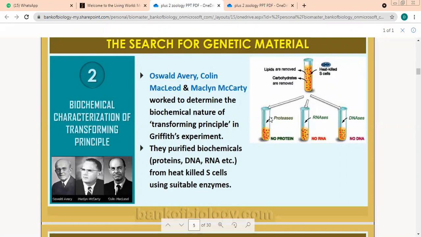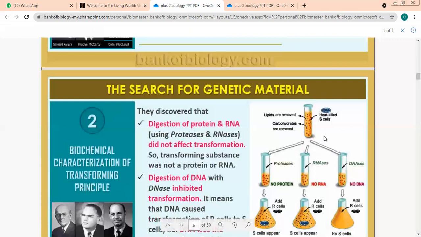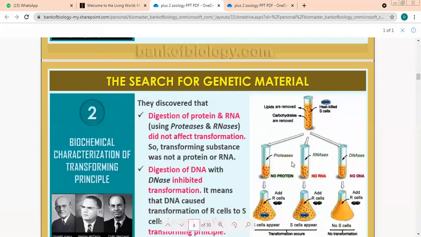We add proteases first, then RNases, and then DNases. Those enzymes which digest proteins are called proteases. Those which digest RNA are known as RNases.